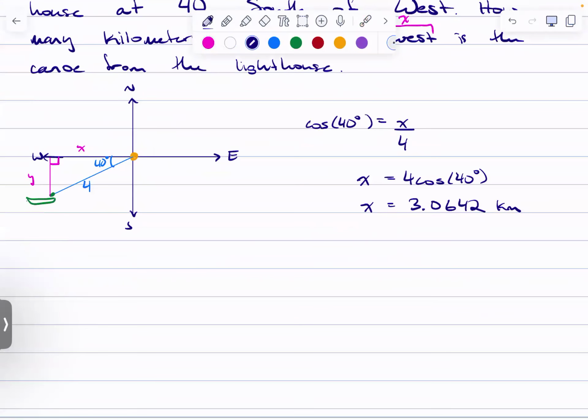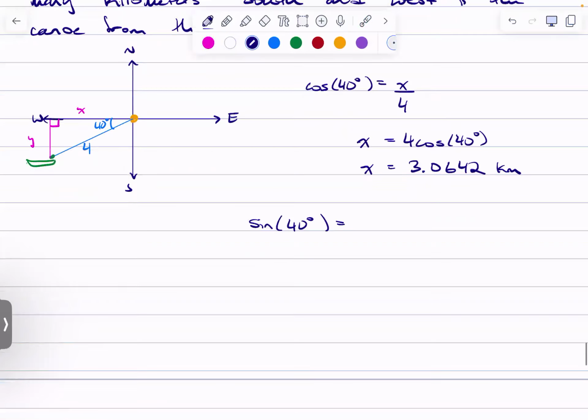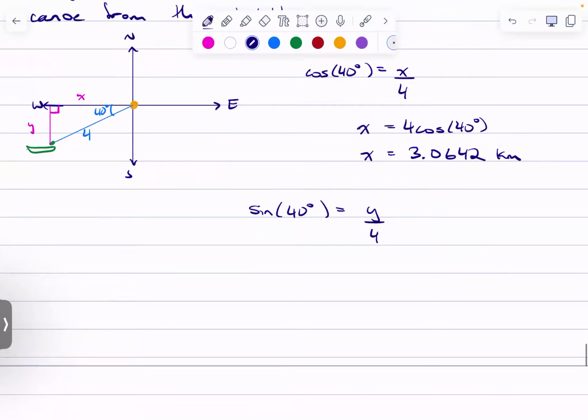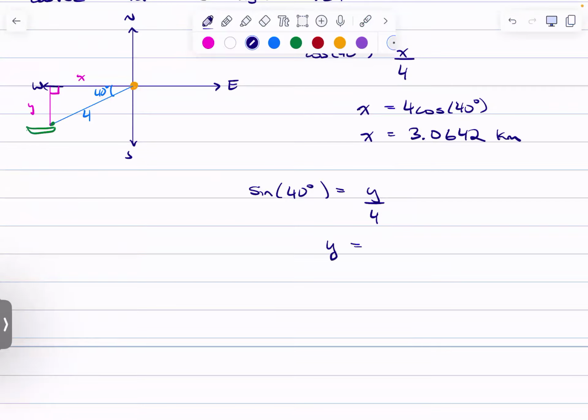Same idea to get your y. The sine of 40 degrees, that's your opposite, and the hypotenuse, which means you have to use the sine. So y over 4, so y is going to be 4 times the sine of 40 degrees.